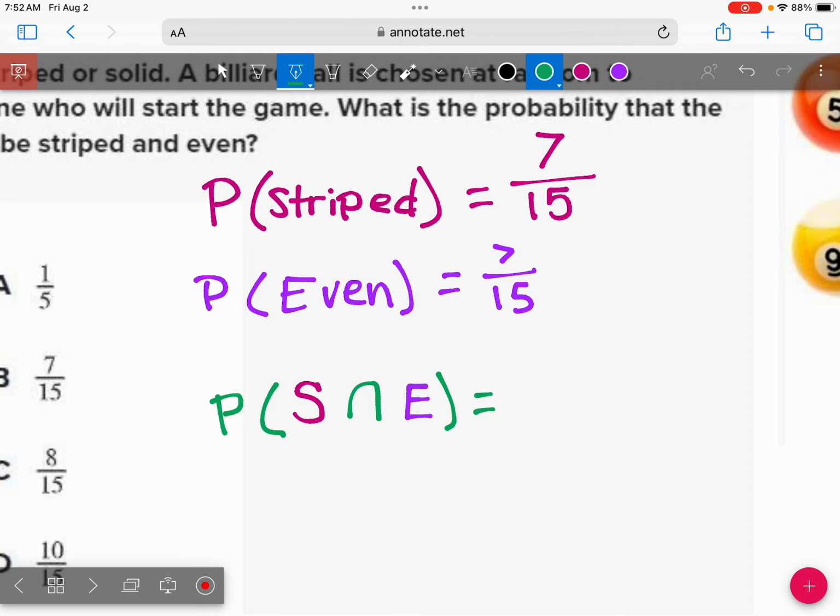So I use the same colors, but I'm just calling it S and E. So what is the probability we pull a striped even number? 3 out of 15. Because looking at our striped balls, there's 1, 2, 3 of them that have even numbers. So our probability is 3 out of 15.